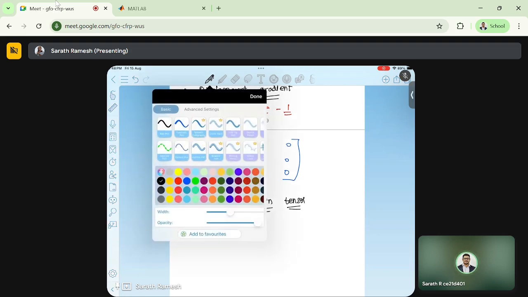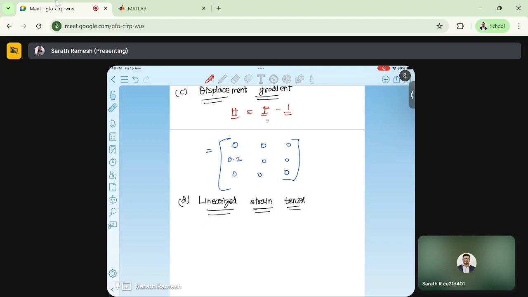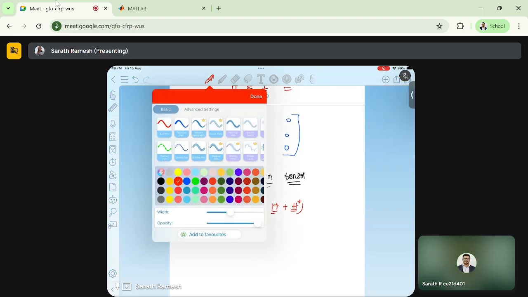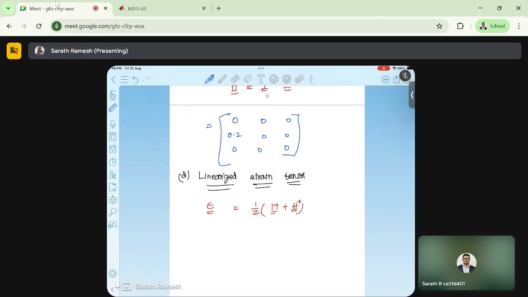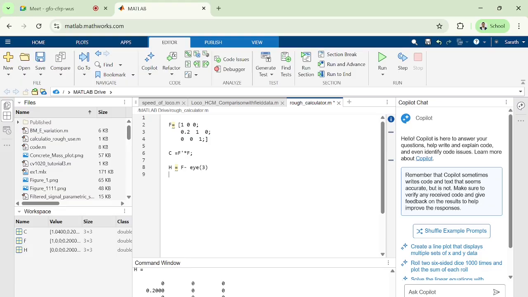Linearized strain tensor, we saw epsilon is equal to half of H plus H transpose, right? Again, let's go there and directly code. So epsilon, I can create a variable equal to half times H plus H transpose.